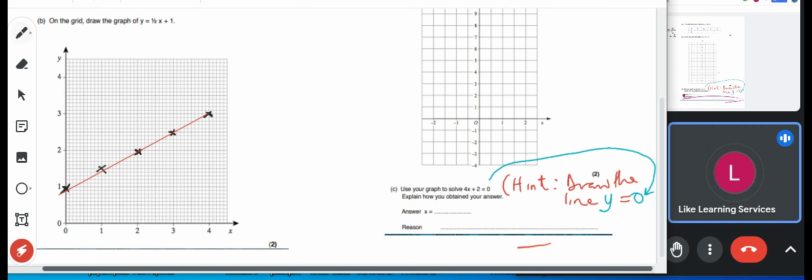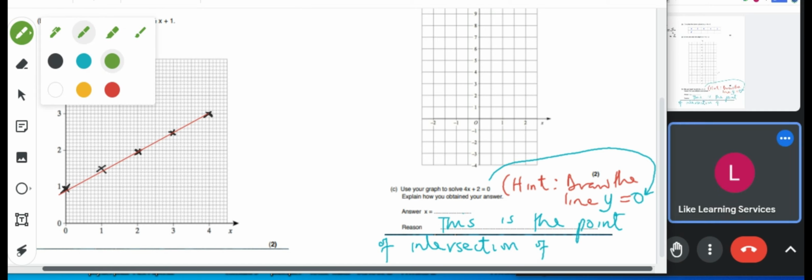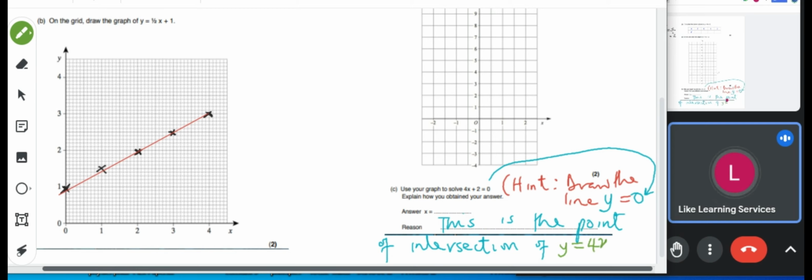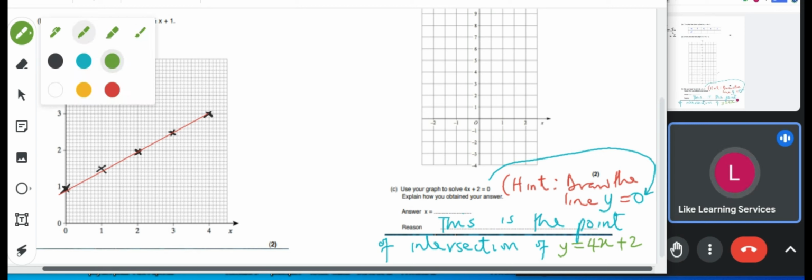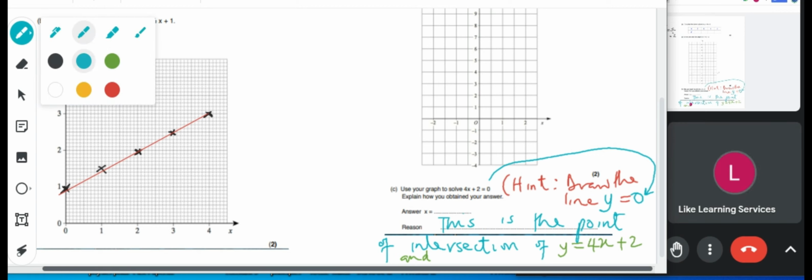Or you can actually say, let me just help you, this is the point of intersection of the two graphs, which is the first graph is y equal to 4x plus 2, and the second graph which is y equal to 0.